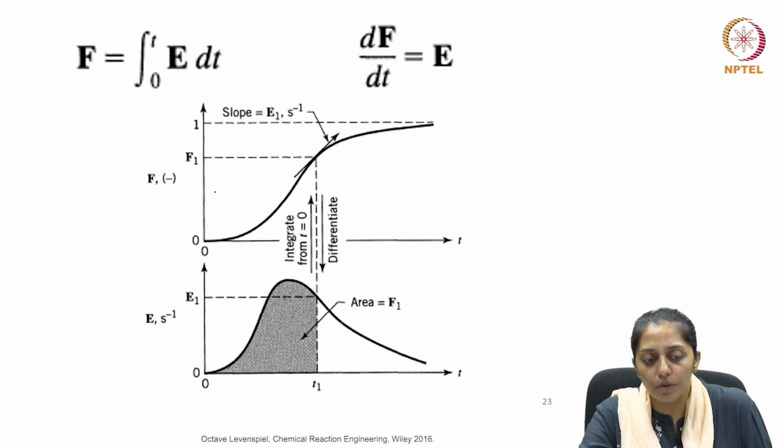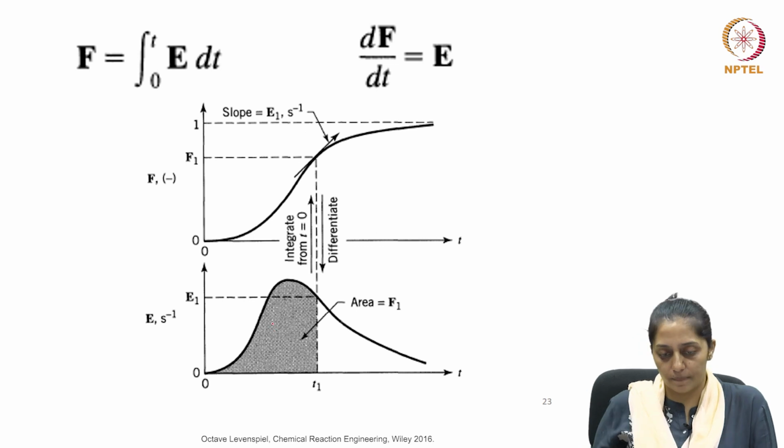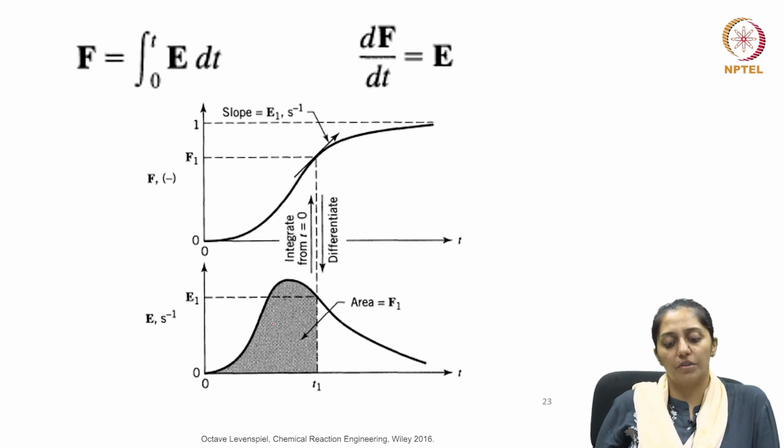So, if the integral from 0 to t of E dt is F, then dF by dt is E. So, if you have the F curve, at every time point, if you find the slope at that point in the F curve, you can determine the value of E, and this is how F can be changed to the E curve as shown in the picture here.